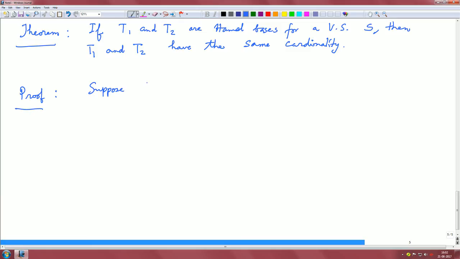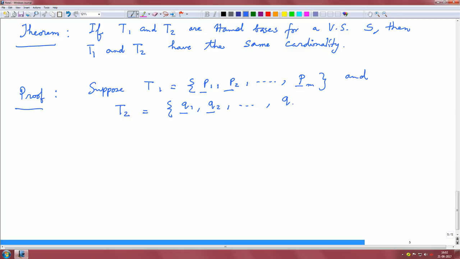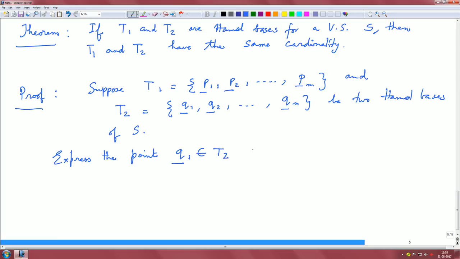Suppose T1 is this collection P1, P2 so on till Pm, and T2 is the set which is Q1, Q2 so on till Qn, and let these be two Hamel bases of this vector space S. So, the first step is we express the point Q1 belonging to T2 as follows.